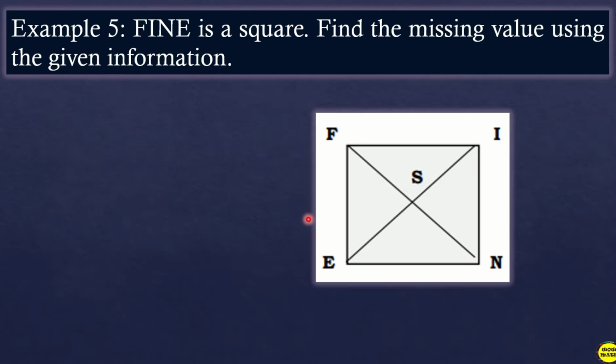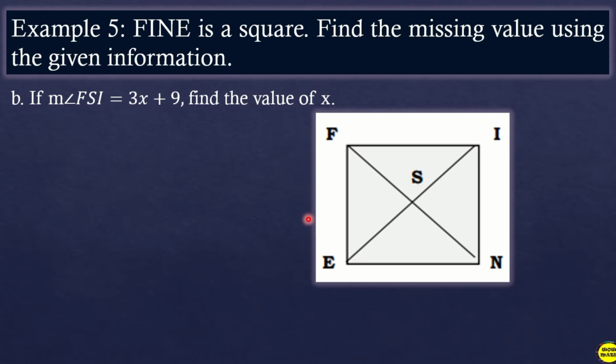Okay? Another example, another question, no? Same lang yung figure. If your angle FSI, so ito, is 3x plus 9, find the value of x. So alam natin na ito ay 90 degrees, right? So therefore, the measure of angle FSI is equal to 90 degrees.